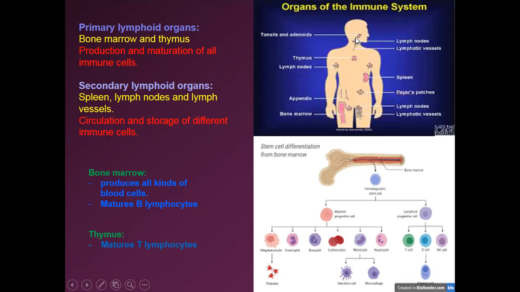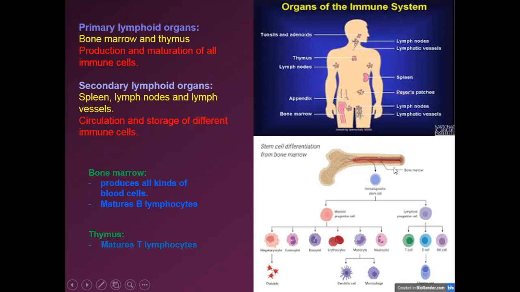Note that we see an aggregation and a set of lymph nodes near the openings of the body. Inside each opening of the body, there is an aggregation of lymph nodes in order to prevent and cooperate to prevent the invaders.